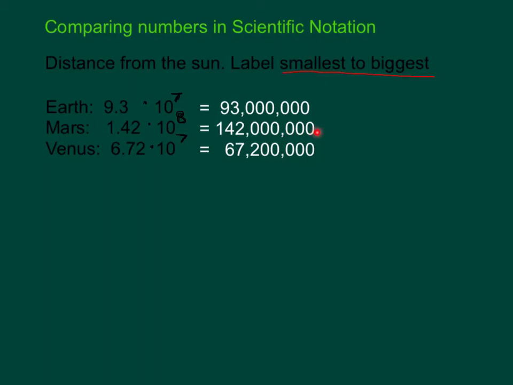The difference lies in their exponents. Both Earth and Venus have an exponent of 7, and Mars has an exponent of 8.